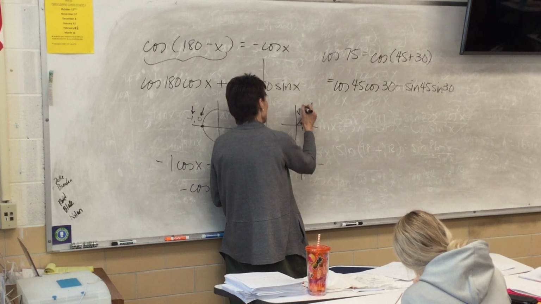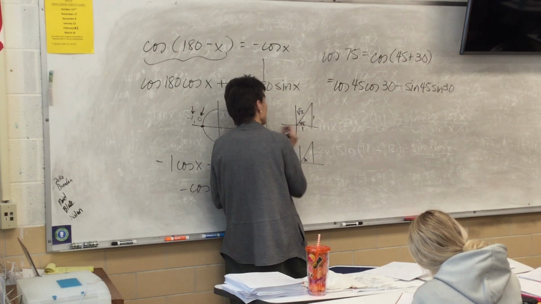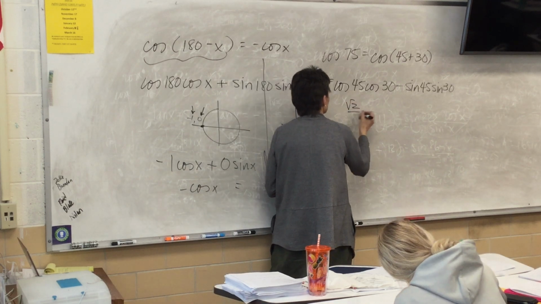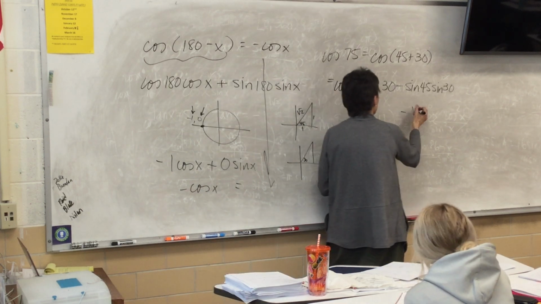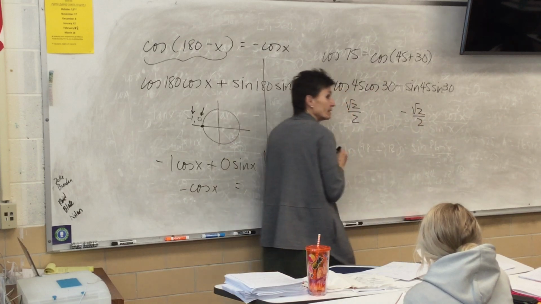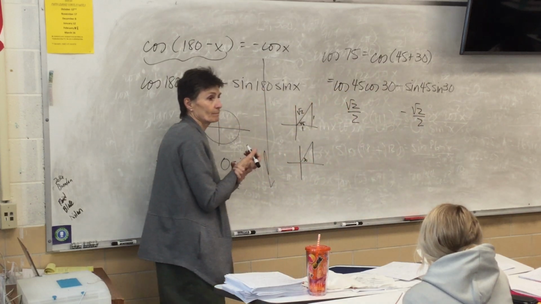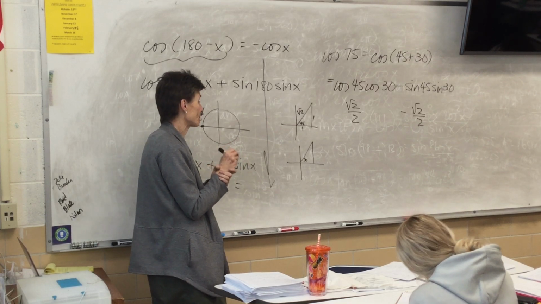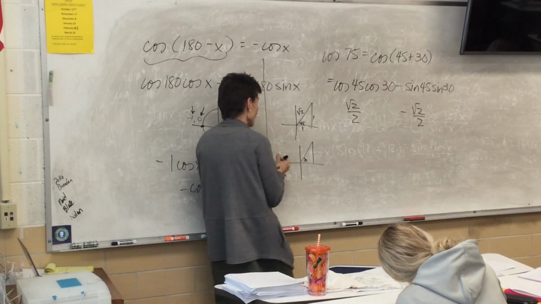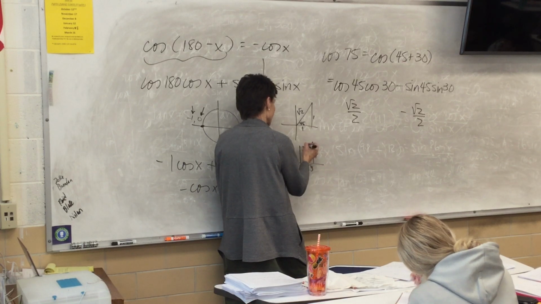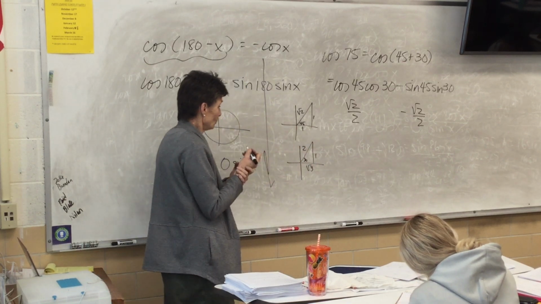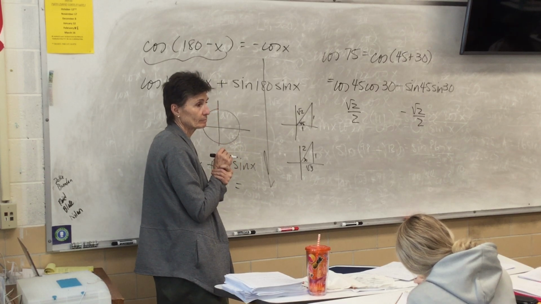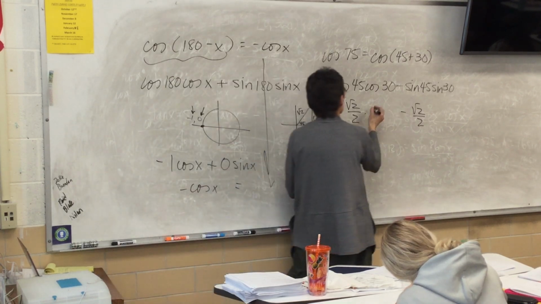So what do we know about the cosine of 45? Root 2 over 2. And that was kind of easy to memorize because isn't the sine the same thing? Cosine and sine are the same for 45. And then 30, what's the cosine of 30? Root 3 over 2.